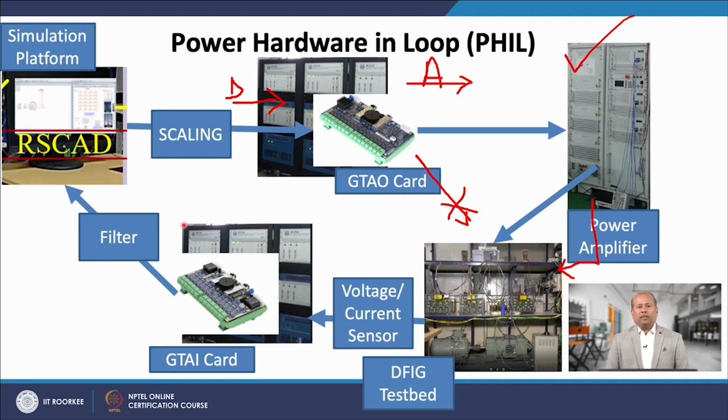The current that results due to the application of the voltage to the external device is measured and sent back to the simulator. The sensor is used to sense the signal from the physical hardware device and feed the signal to GTAI through the power amplifier.